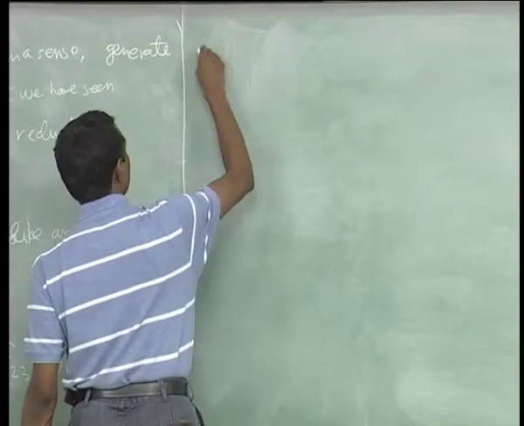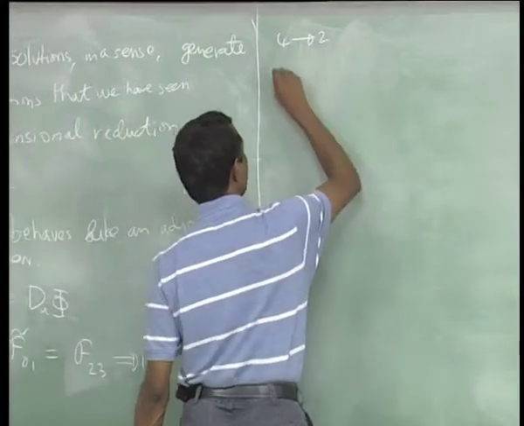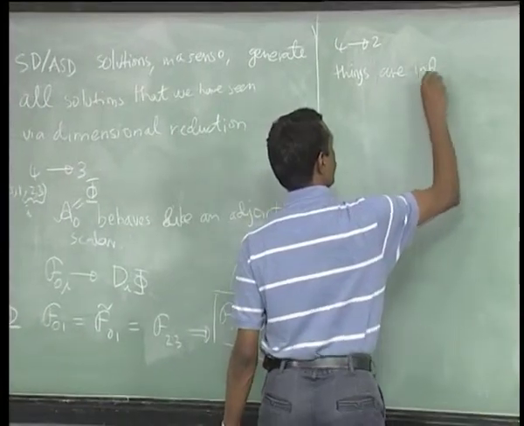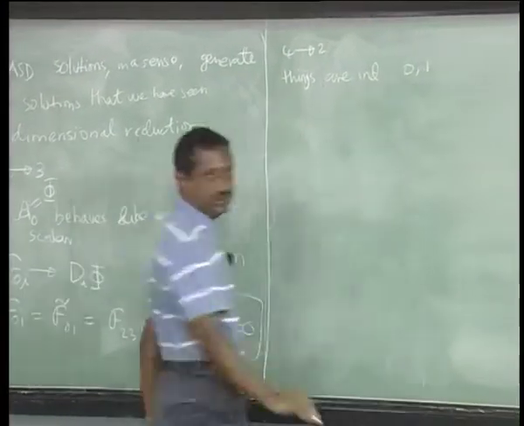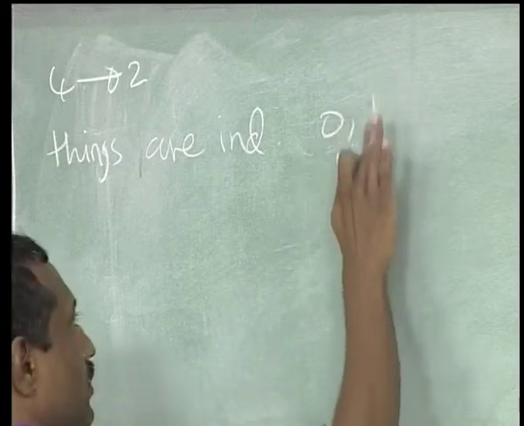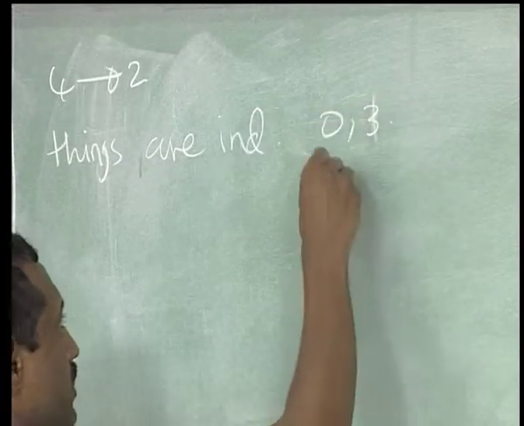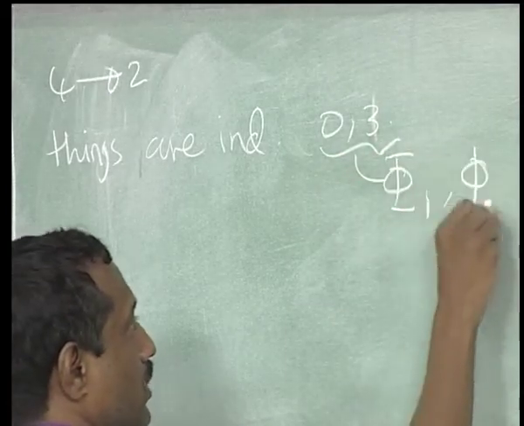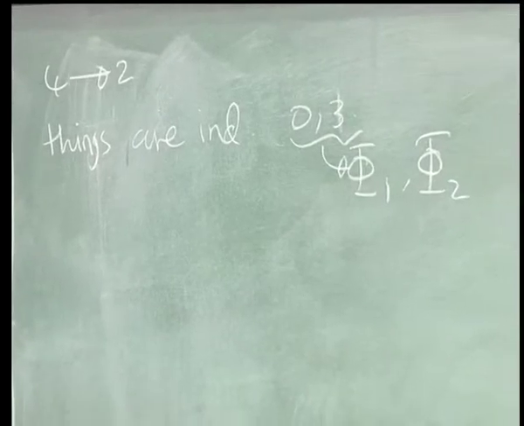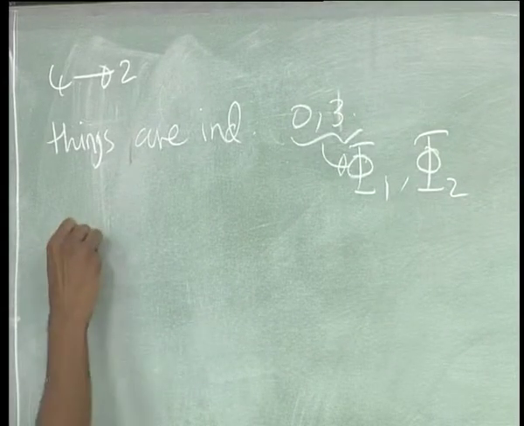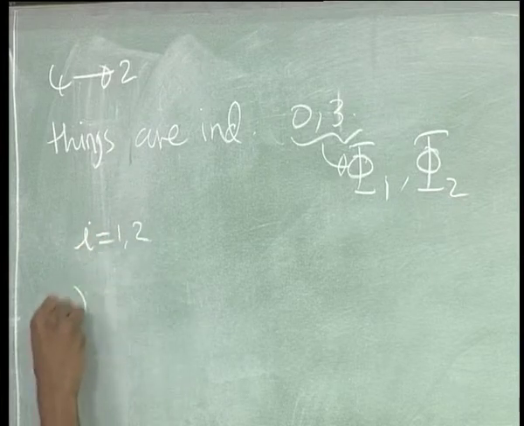Okay. And if we now go from 4 to 2, things are independent of the 0 and 3 coordinates. Let us just call these two scalars phi 1 and phi 2. So, I end up with two adjoint scalars, and I need to work out what. So, I runs only from 1 and 2.